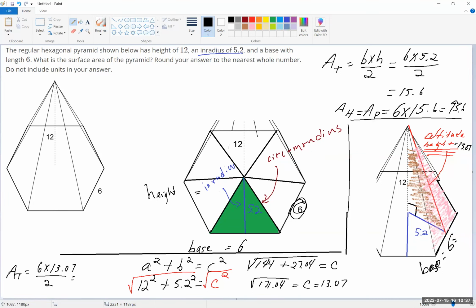So 6 times 13.07 divided by 2, 39.21. 39.21.